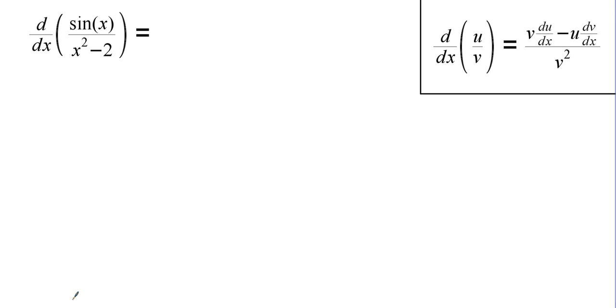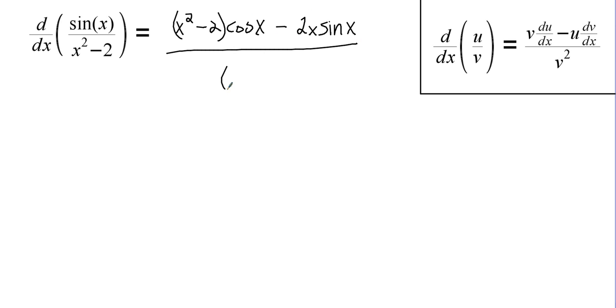In the next problem, we've got the same situation. We've got one function, sine x, divided by another function, x squared minus 2. So we'll start with the denominator, x squared minus 2, times the derivative of the numerator, and the derivative of sine x is cosine x, minus, and then we'll take the numerator, sine x, and multiply it by the derivative of the denominator, which is 2x.